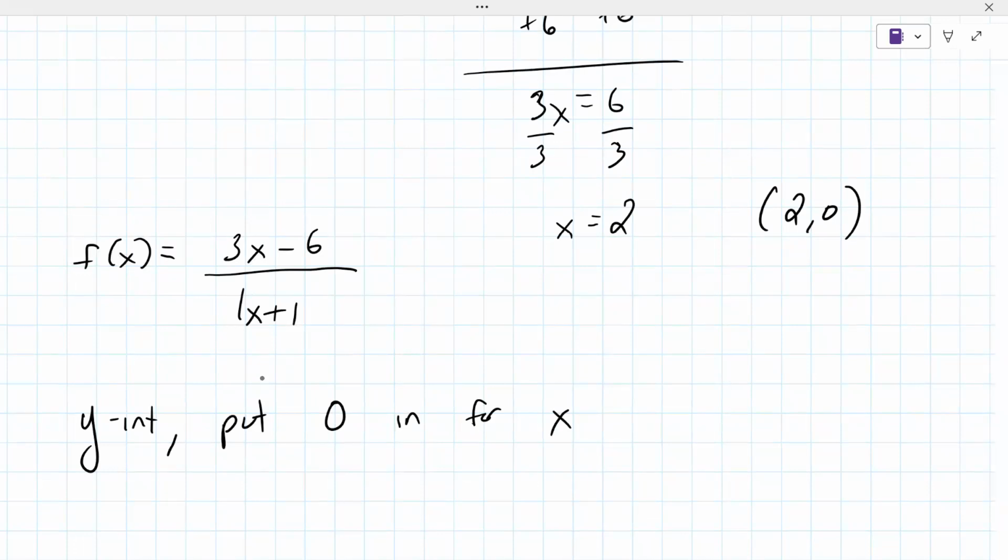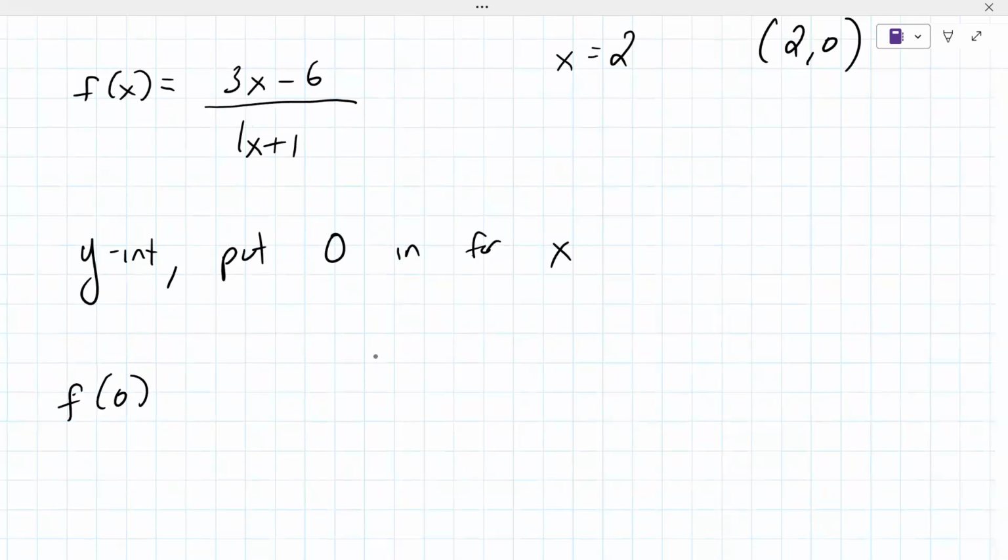So for the y-intercept you put the 0 in for x. Go ahead and do that and simplify it for us, please.